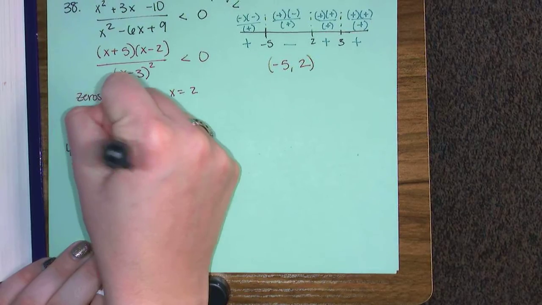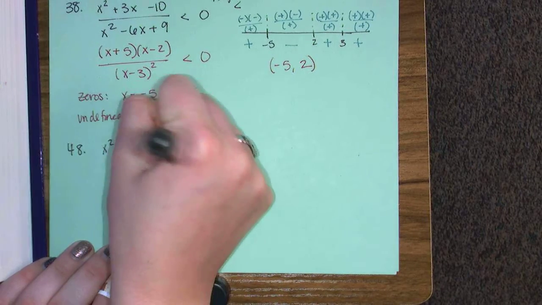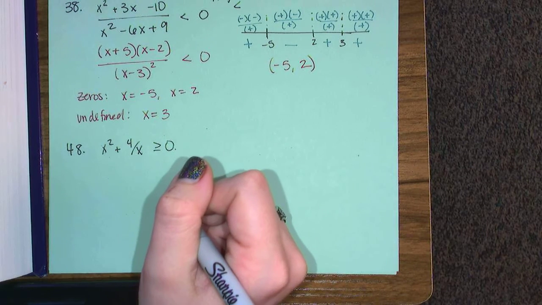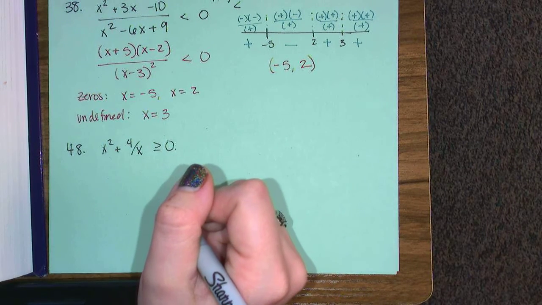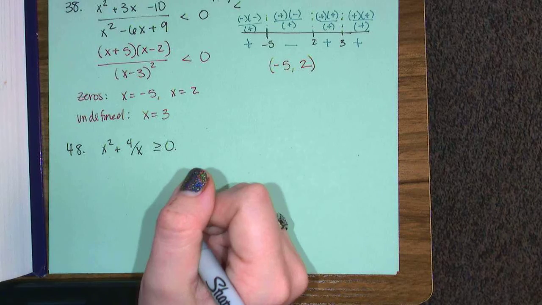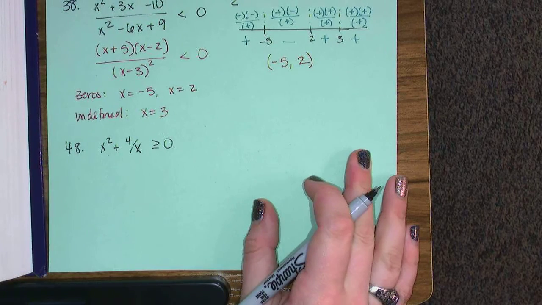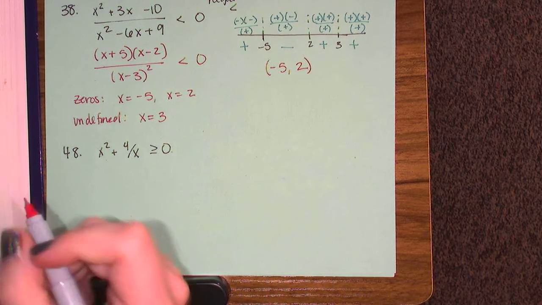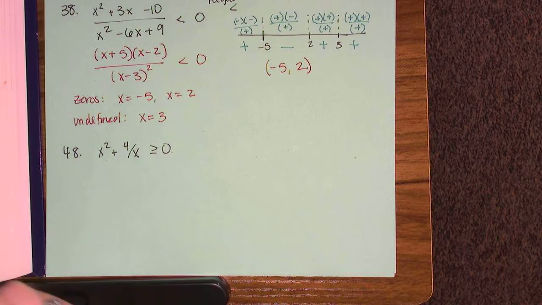x squared plus 4 over x is greater than or equal to 0. Alright, so this is kind of going back to the last section in terms of how I need to get this set up. But what do I need to do first? Okay, or get rid of my denominator completely.